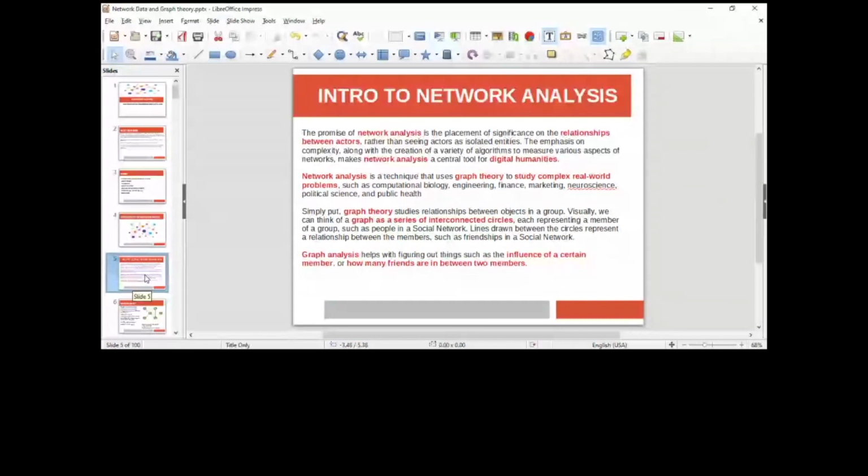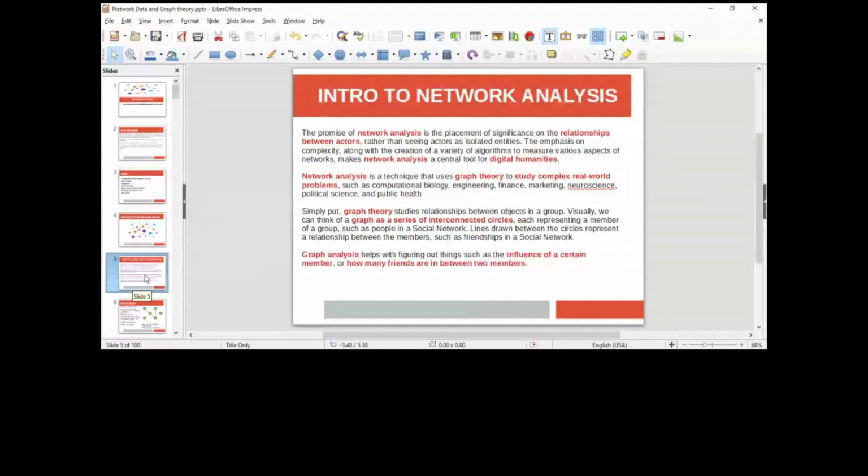Graph theory is used to study complex real-world problems. So this is a problem-solving technique, in areas like computational biology, engineering, finance, marketing, neuroscience, political science, and public health. We can use it to solve different kinds of problems. We're going to emphasize those problems. That's why it is key that we understand this data analysis.